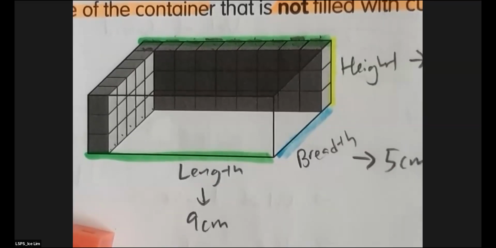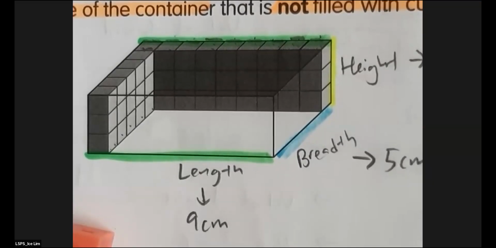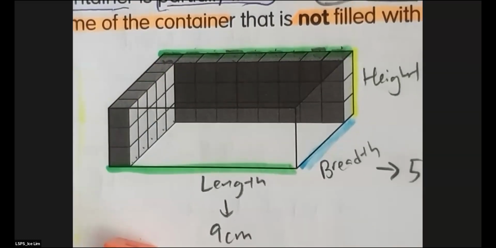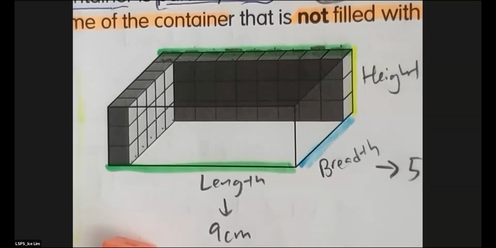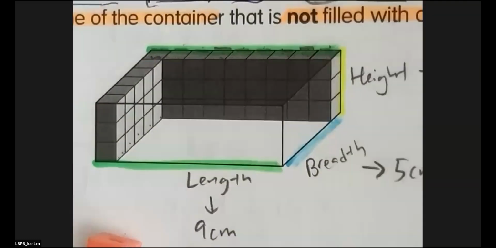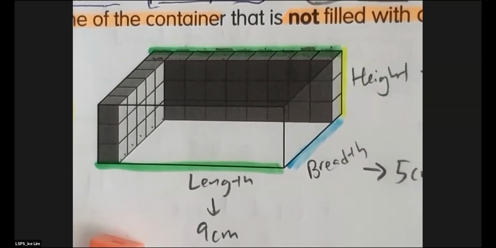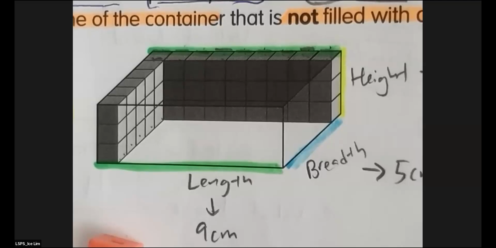Okay, how about this? If you feel that the length of 9 is the container, you put tick yes. If you feel that 9 is the length of the space, then you put cross. Okay, I see. If you feel that 9 is the length of the space, you put cross. If the length 9 is of the container, you put tick. Is it okay?